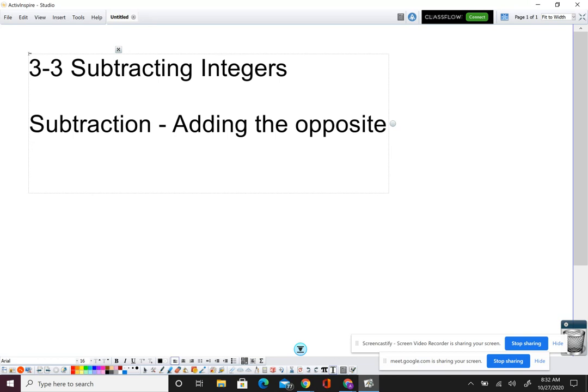So when you have an equation like 5 minus 3, you know that answer is equal to 2, right? But when I throw some extra symbols in there, like 5 plus a negative 3, that still equals 2, even though I have those parentheses around the negative 3.